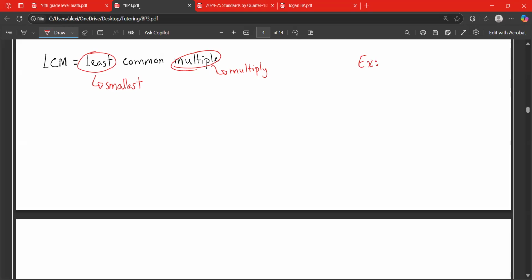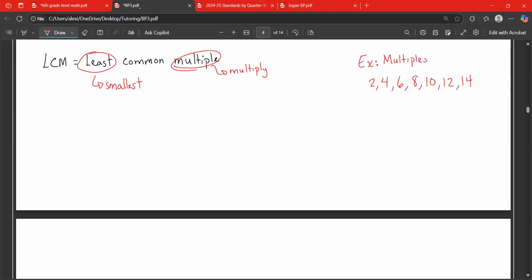So for example, what about 2, 4, 6, 8, 10, 12, 14? Now it looks like I'm just writing even numbers, but I'm really writing the multiples of 2.